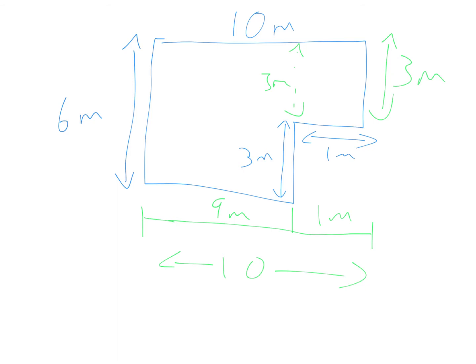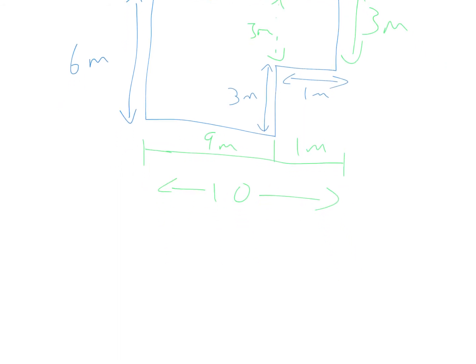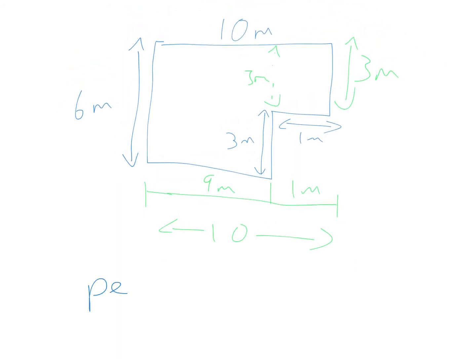But if we wanted to find the perimeter, then what we do is just add all those side lengths now. So again, you can imagine starting off here, you're going to walk the entire outside of the shape. So first of all, you're going to walk 10 meters. You're going to walk 3 meters down here. So we'll add 3 on.